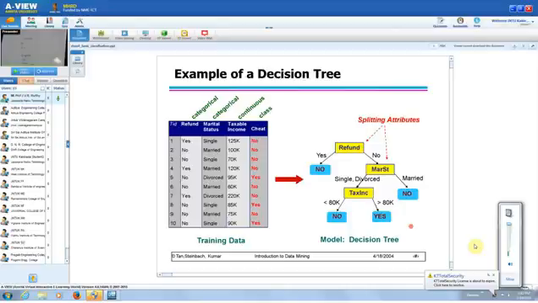So that means whenever a new tuple is given, using this decision tree you will traverse as per the values. First of all, refund status is there.